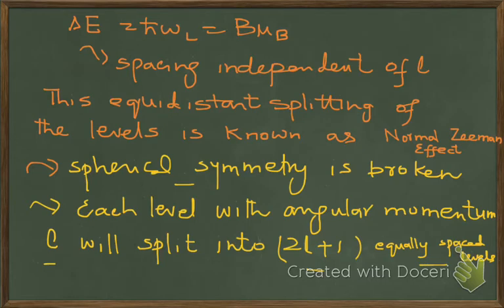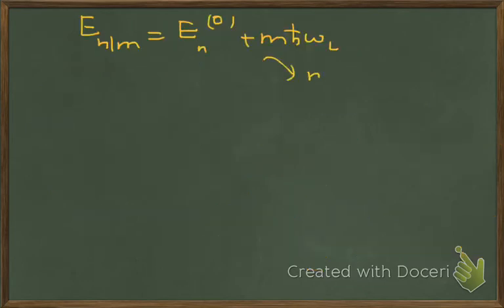In the normal Zeeman effect, the levels split with equal energy. If we take m equal to 0, E n l m will be equal to the unperturbed energy eigenvalue. It means there will be no splitting in the energy levels.